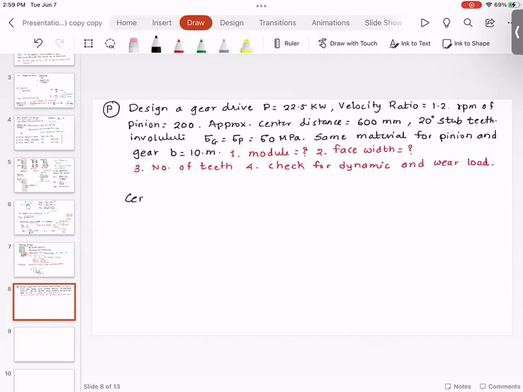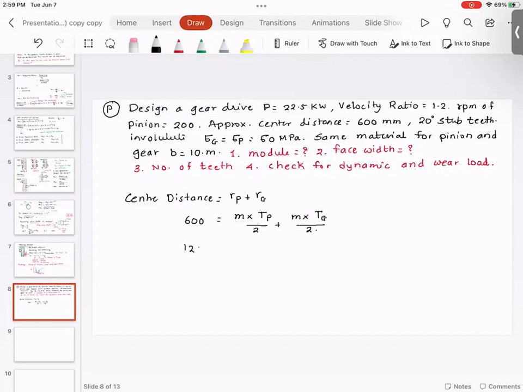So center distance is equal to RP plus RG. So module, number of teeth on pinion, module, number of teeth on gear divided by 2.